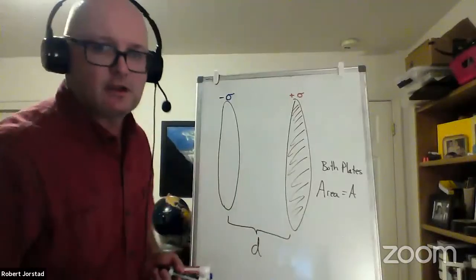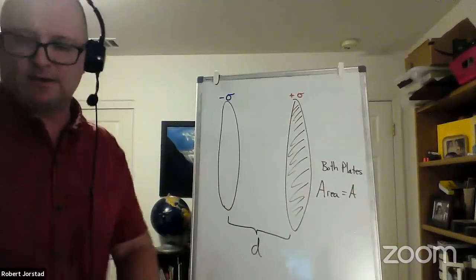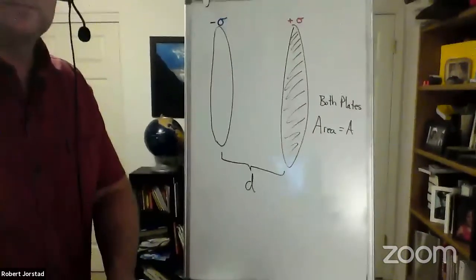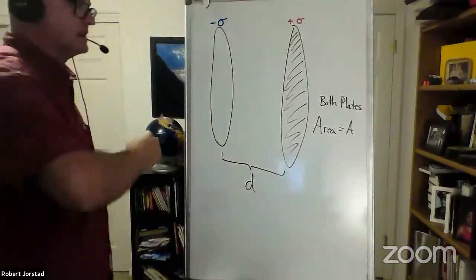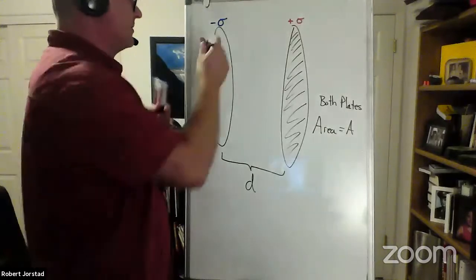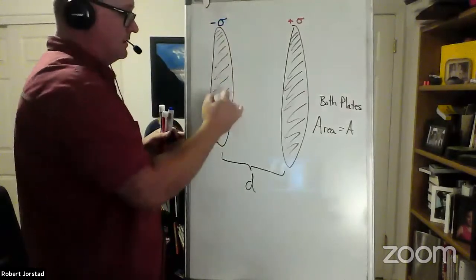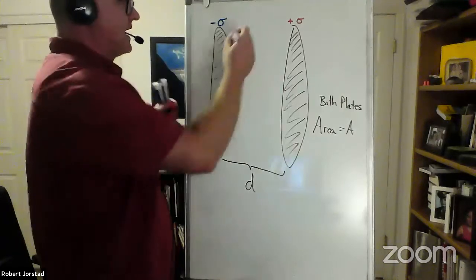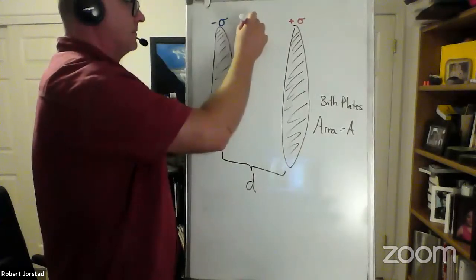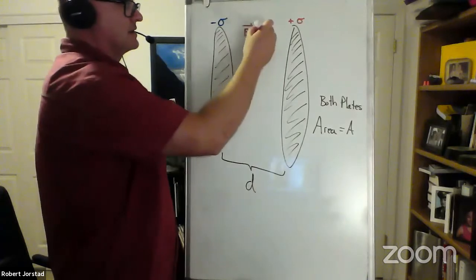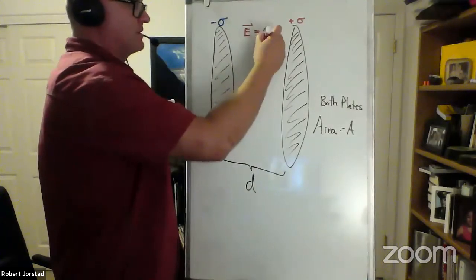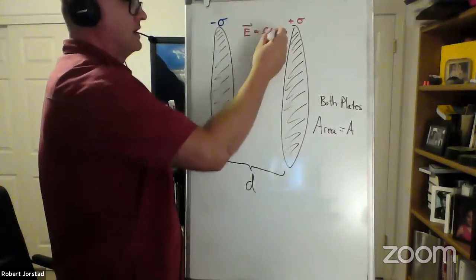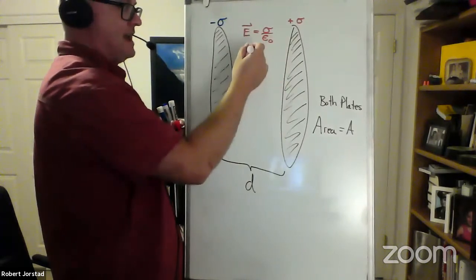Okay, so we got this situation right here. Hopefully you agree that the electric field inside here is sigma over epsilon naught, because we have two of them, in the negative i hat.